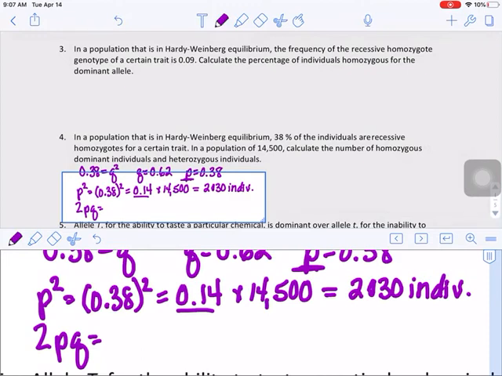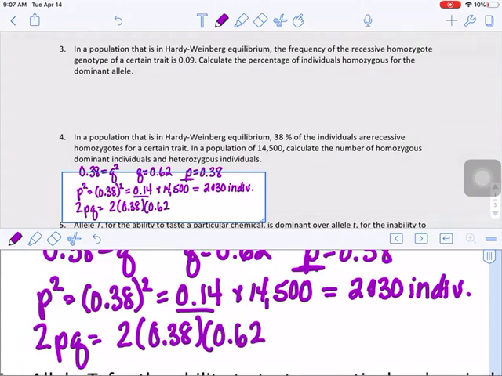So 2pq is my heterozygous, so I would take 2 times p, which was 0.38, and q, which was 0.62, and if I multiply all that together, I get 0.47.